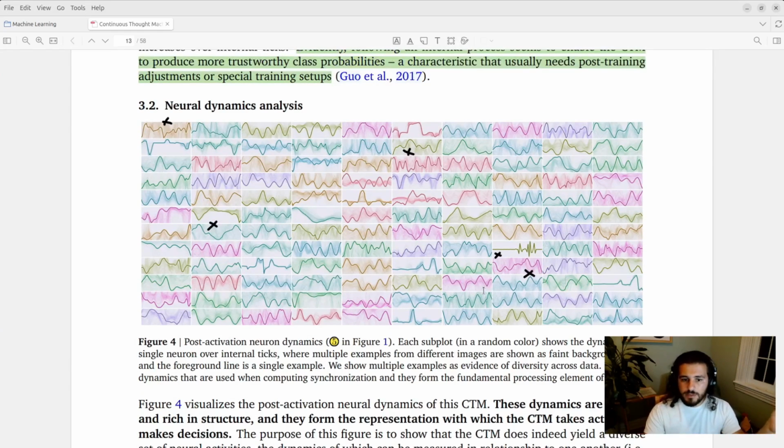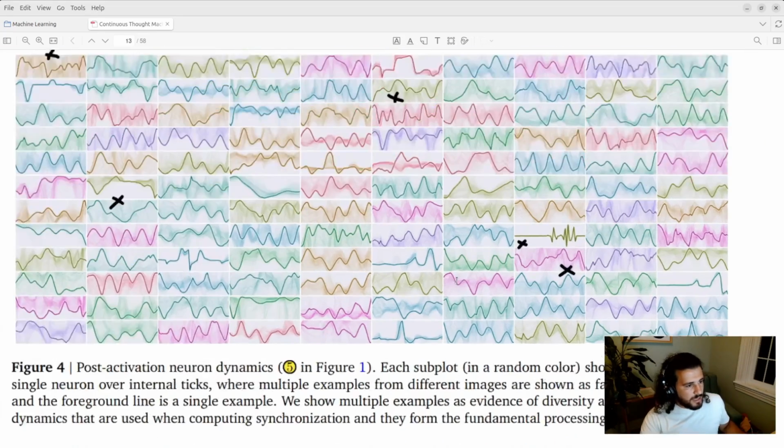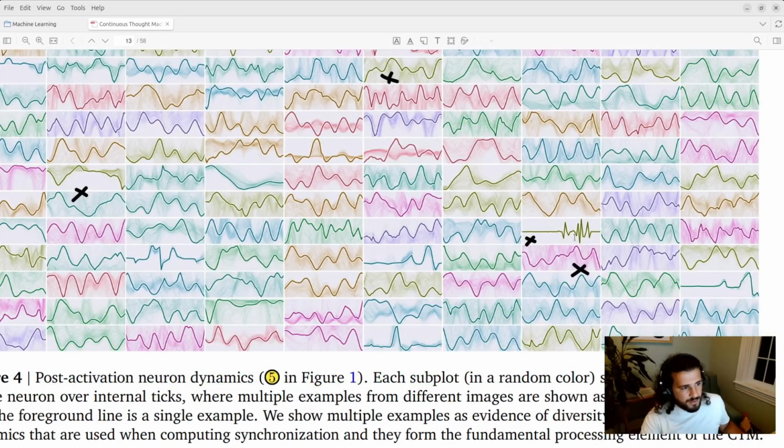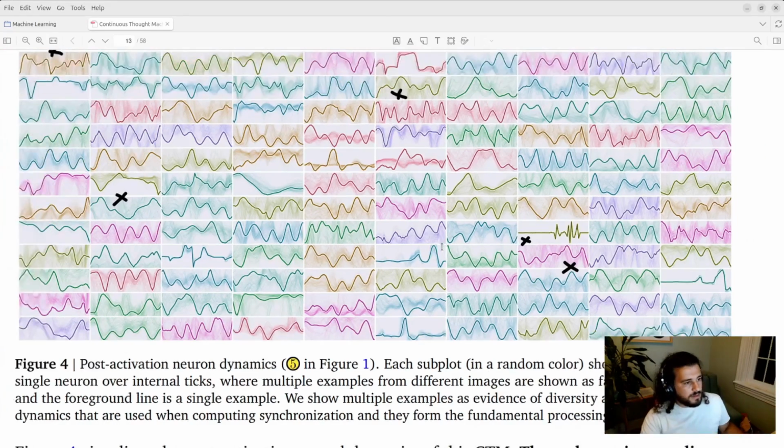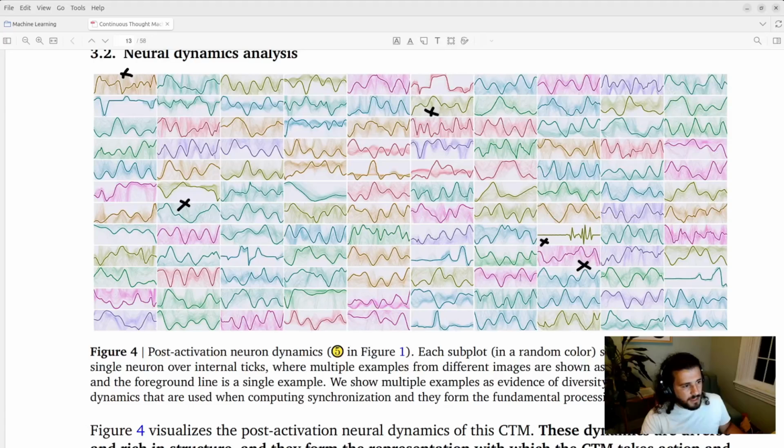Here, with this plot, what they show is the post-activation neuron dynamics. This is the history that gets created over time. This is for each of the neurons, and then you have the average of it. If you look at it, some of them have a very specific way of responding, right? And then some of them are across runs and across data points a very hectic thing. You can average them out to see roughly what's happening.